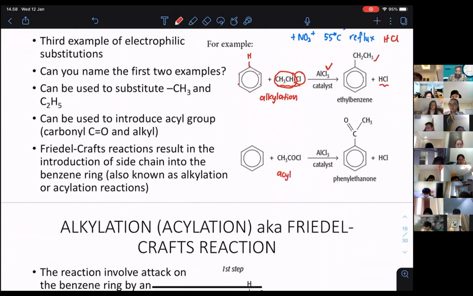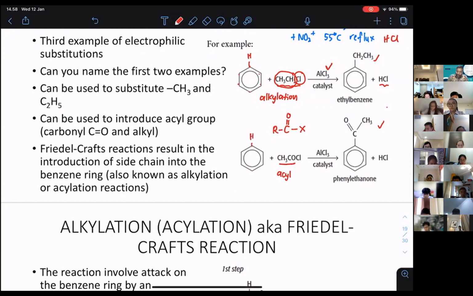An acyl group means something that has R, C double bond O, and then X, which is the halogen. If I want to form this kind of compound, I can use this method in a similar way. I used to have the H over there.